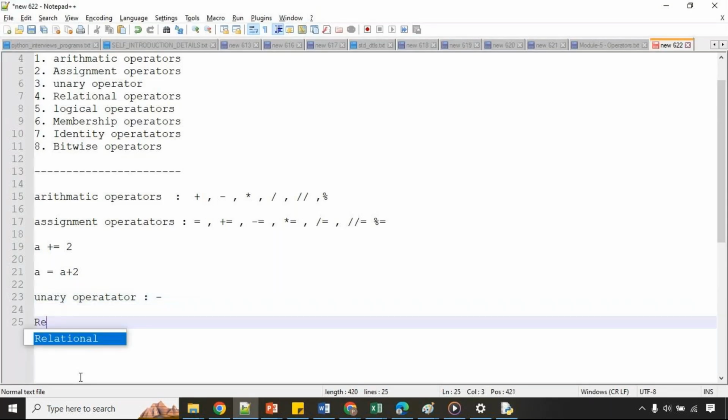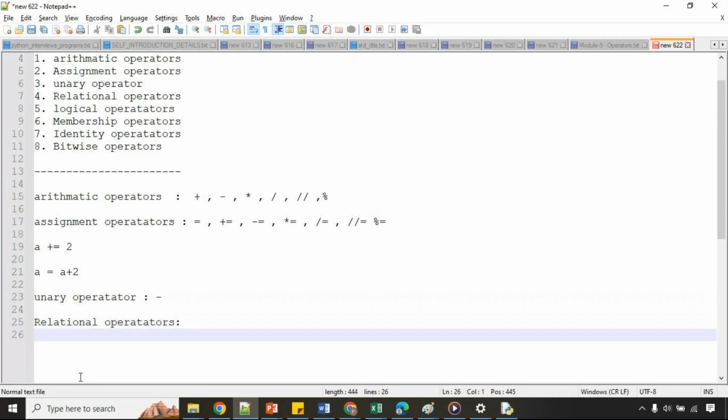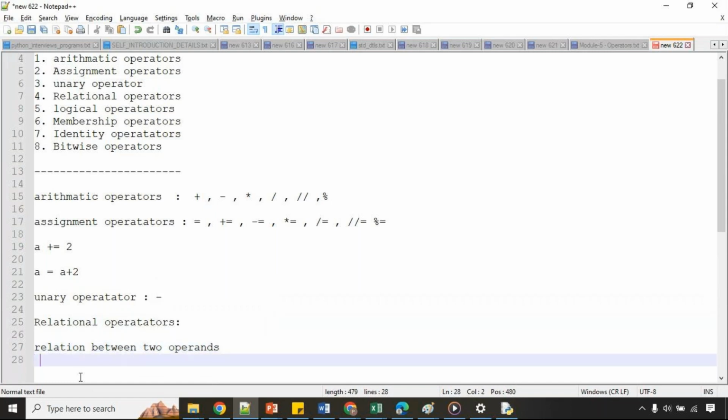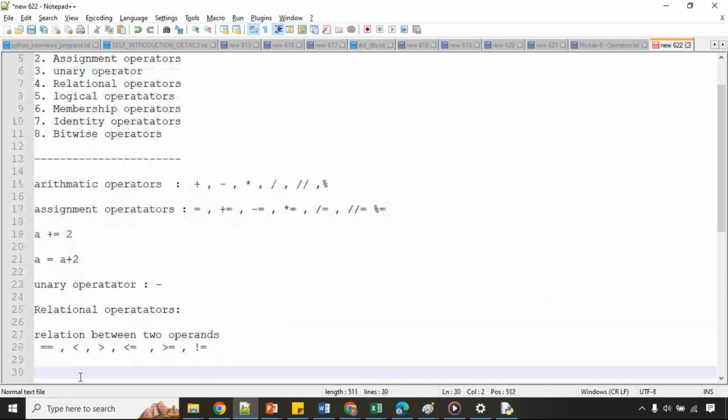Next, we have relational operators. Guys, observe this one. Relational operators tell the relation between two operands. It can be equal to, less than, greater than, less than or equal to, greater than or equal to, and not equal to.